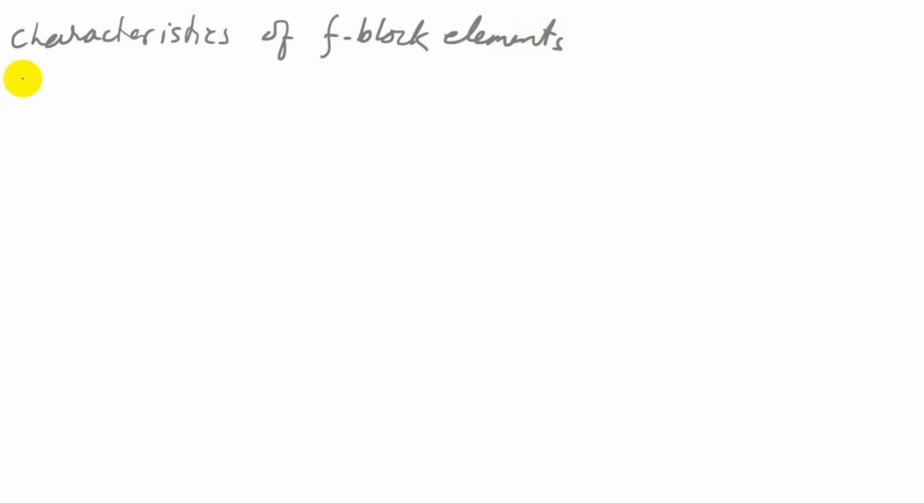You take F block again, the first thing is always electronic configuration. What will it be? (n-2)f1 to 14, then (n-1)d which can be 0 to 2, then ns, and that ns will have always 2 electrons. So this is your general configuration.